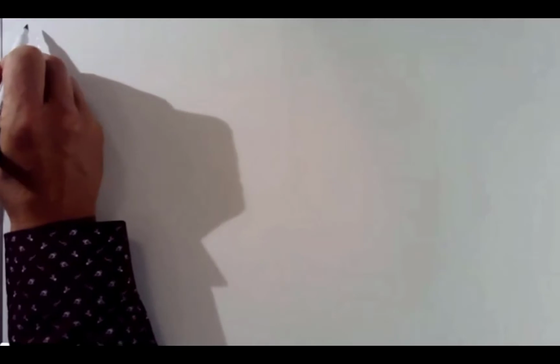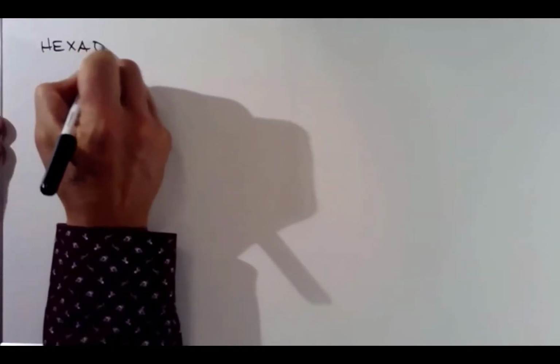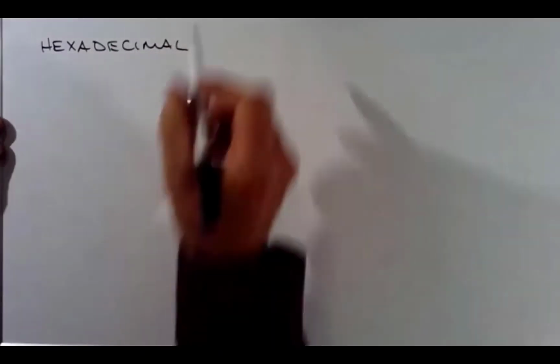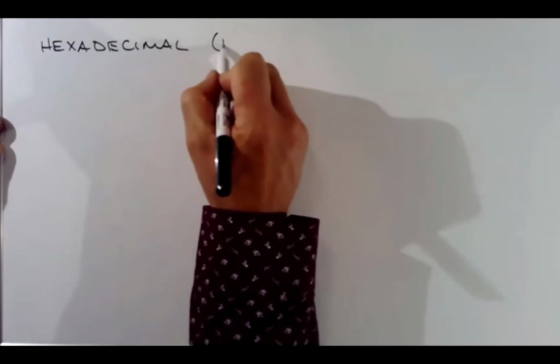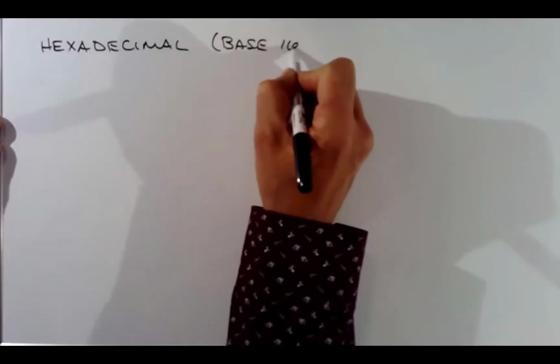So he was encoding values in hexadecimal, because hexadecimal is actually base 16. All right, so hexadecimal, base 16.